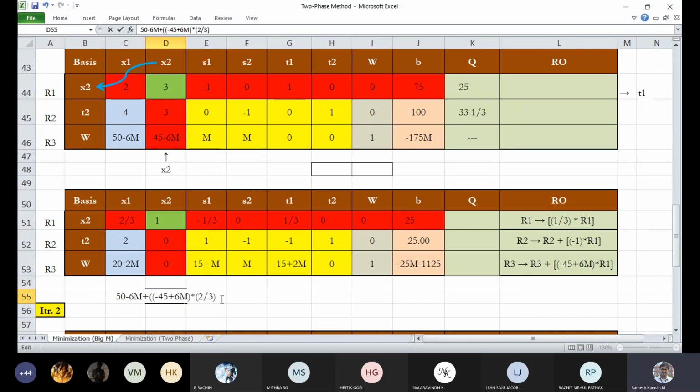When we simplify that, it becomes 50 minus 6m, then minus 45 into 2 by 3 is minus 30, then plus 6m multiplied by 2 by 3 is 4m.